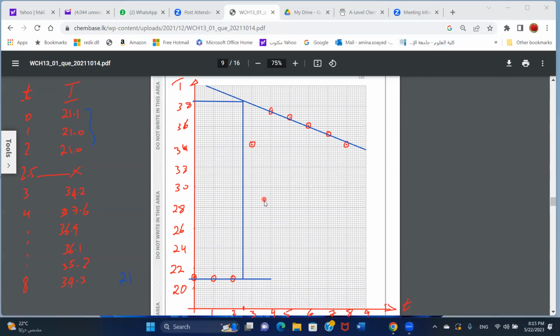Okay. Where is the maximum temperature? 38.2. This is 36, this is 38, this is 40, isn't it? So this will be 38 point, I think 5. 38.2 or 5. Okay.